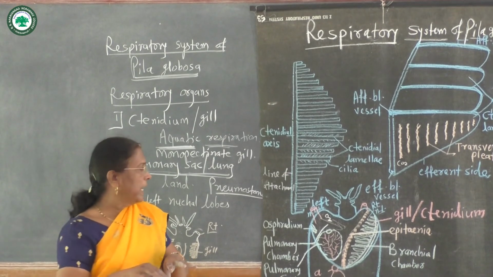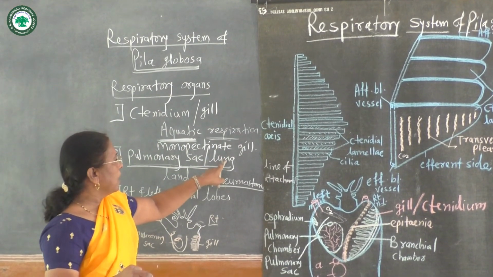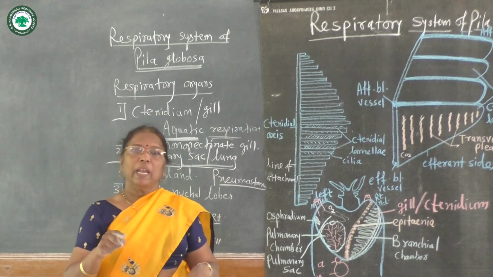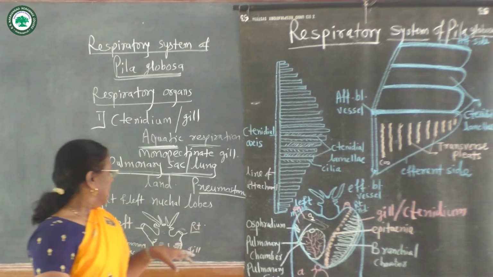At that time also they can respire with the help of this pulmonary sac or lung from atmospheric air, and exchange of O2 and CO2 takes place there.